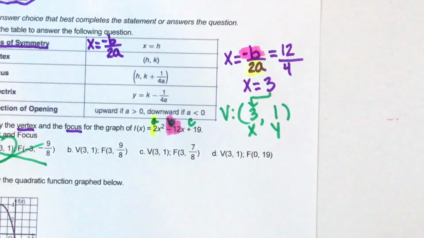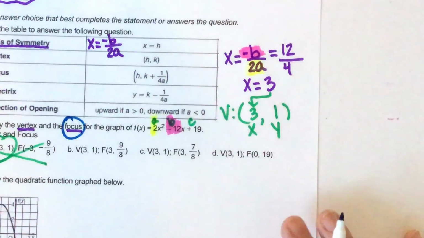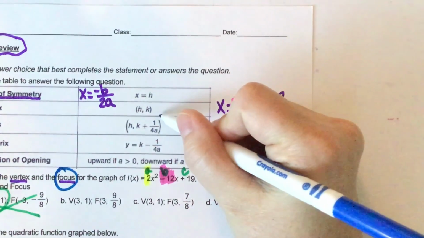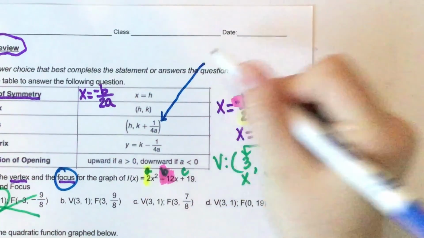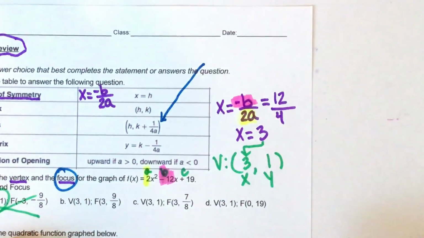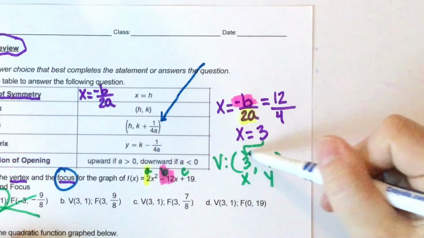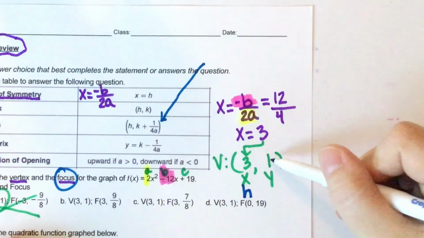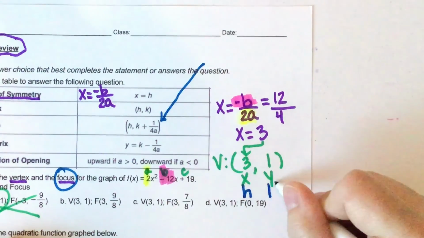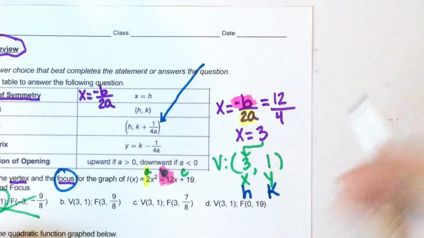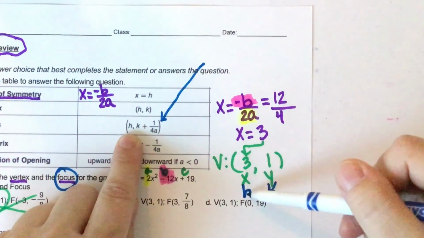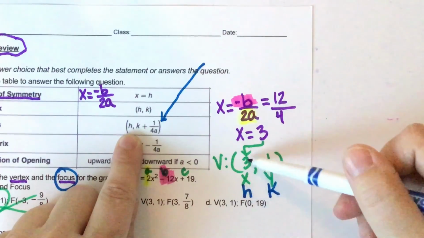Okay, so next thing it wants me to find is my focus. So I'm going to look at this box up here to find the formula for my focus. Before I do that, one thing you need to make sure you know: the x-coordinate of the vertex is the h, and the y-coordinate of the vertex is the k. So when the focus says it's h, then you look to see who the x-coordinate of your vertex is, which is 3.